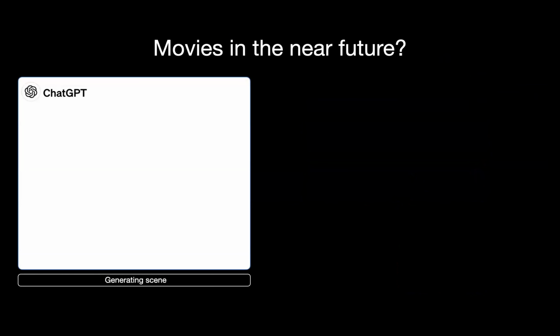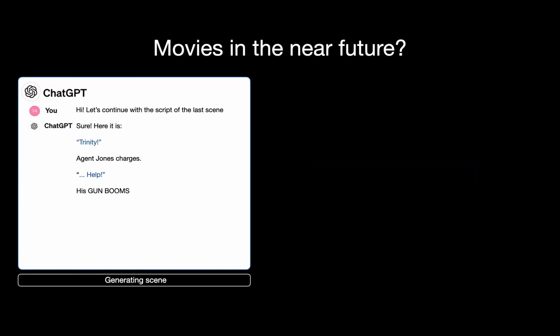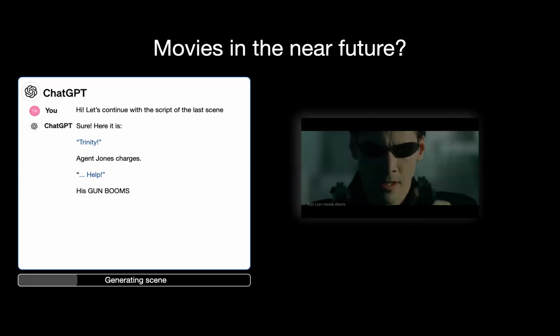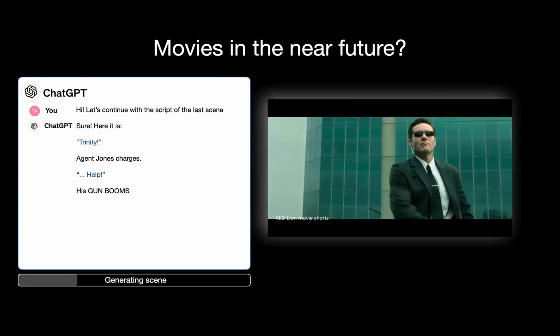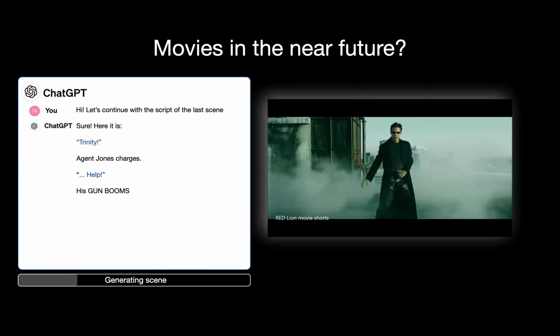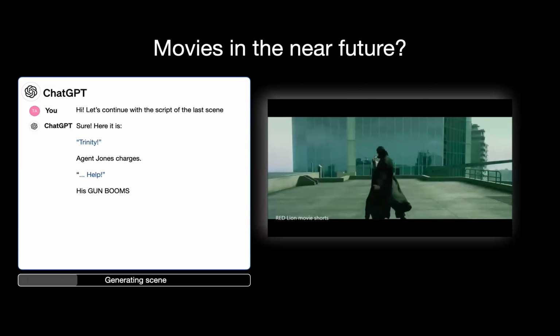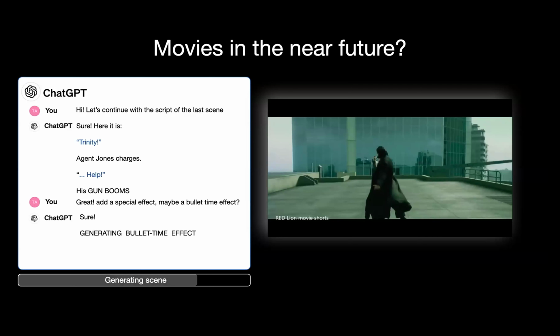Maybe we can ask ChatGPT to write a script for us like this, and then it may generate the movie for us. And then we may ask it to add some special effects like a bullet time effect, and it will just generate it for us completely computationally without any real actors or cameras, just using generative AI.